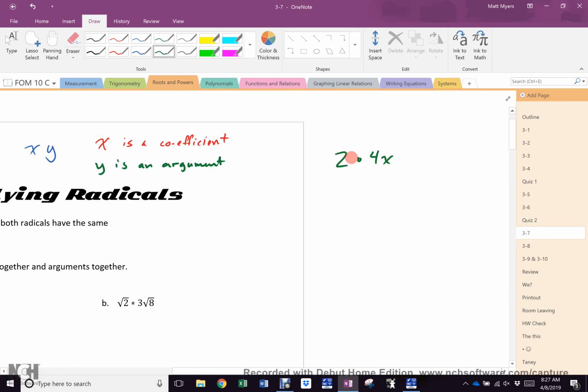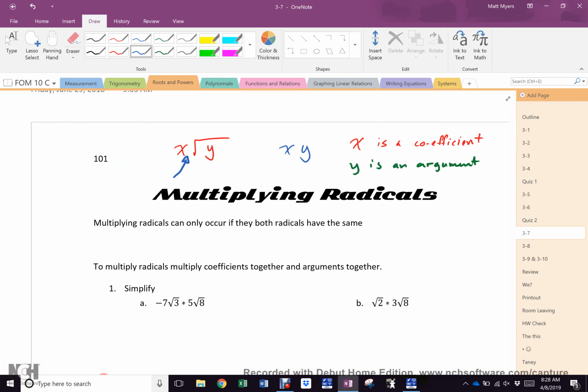If there was no x, what would I have? 2 times 4, which is 8. So when there's an x there, what do I have? 8x. Everybody cool? We all remember that from grade 9, right? And you remembered that coefficients go with coefficients, right? All that's already in your head. So now let's apply that to grade 10.